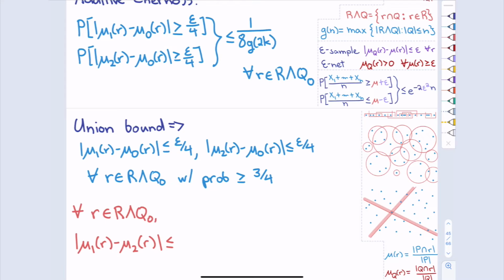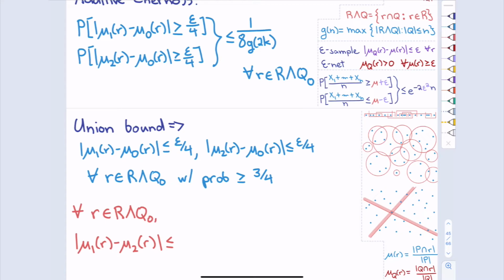So we know that everything is going to be very stable with respect to mu0. We first sampled 2K points that gave us this kind of useless measure mu0. It's not something we're really interested in.